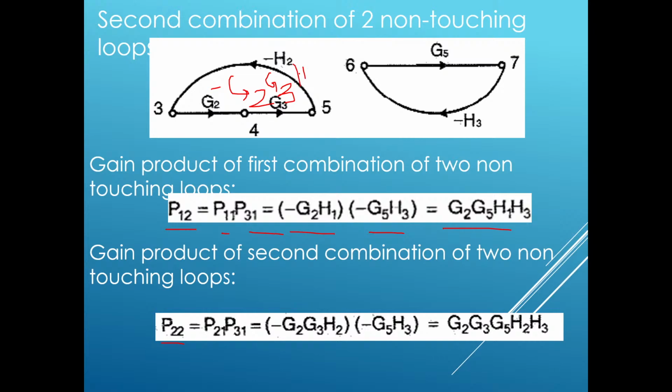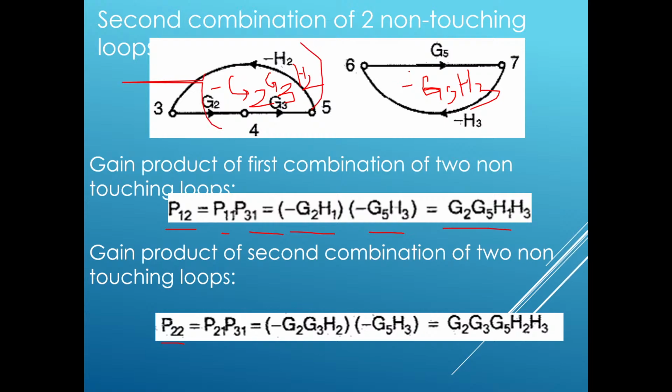This is the gain of the loop. What is the gain of this loop? Minus G5 H3, isn't it? G5 into minus H3. This is the loop gain value of this loop, and this is the loop gain value of the other loop.